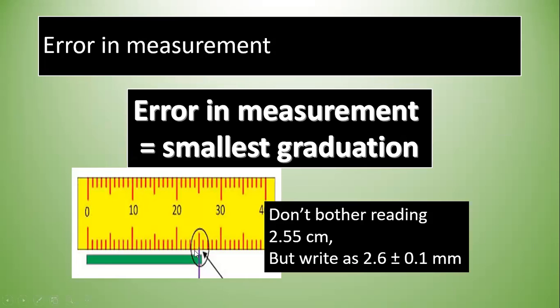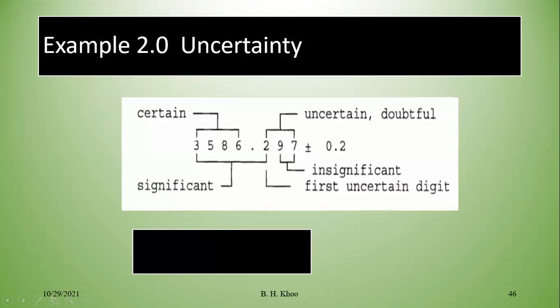So don't bother to read smaller than 2.55. Right? 2.6 or 2.5 is good enough. You don't want to write so many significant figures here. This one has one decimal place, so the answer should also be one decimal place.